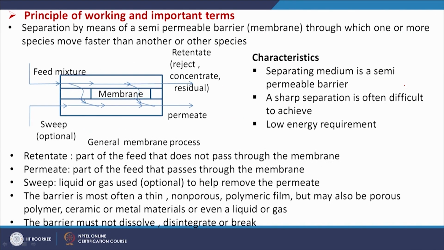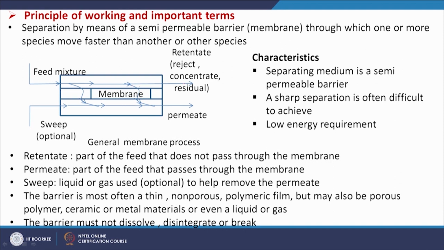Now, we will see the principle of working and some important terms. As mentioned, in this process the feed mixture is passing through one side of the membrane, and on the other side a sweep is optionally sent, otherwise the water will be passing through the membrane and the pollutants will be arrested here; they will not pass through.